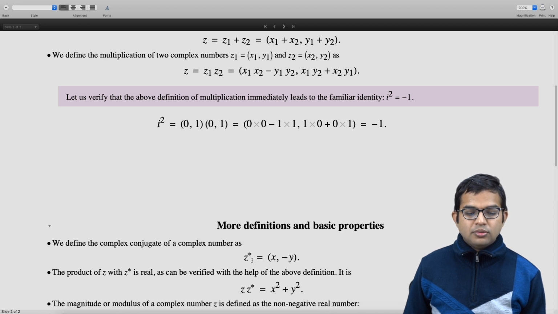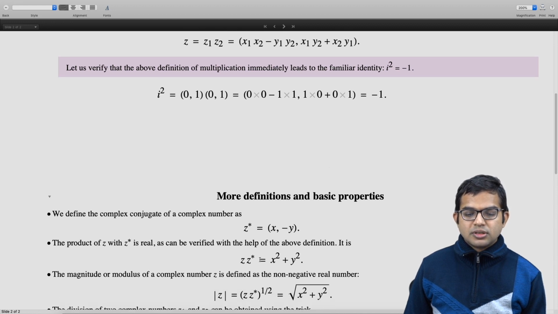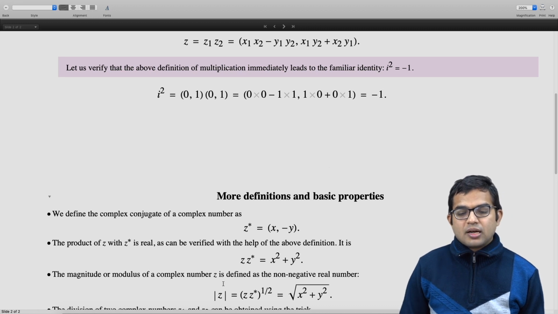So the magnitude or the modulus of a complex number can be defined using the complex conjugate. It is written like here: mod of z is just the square root of z times z star, right?